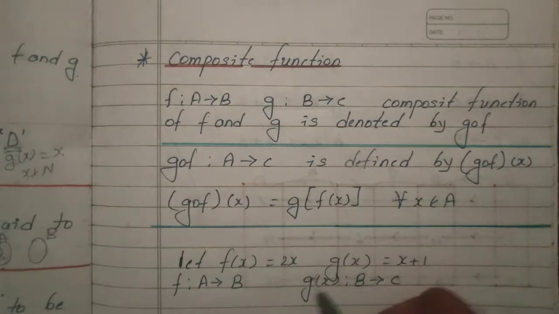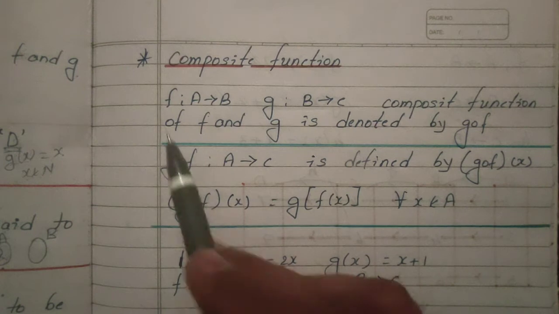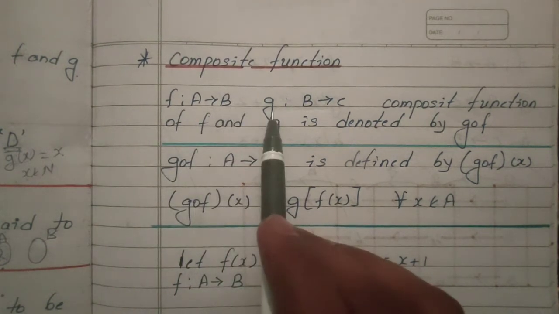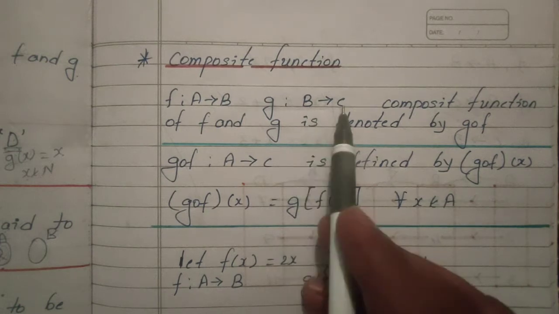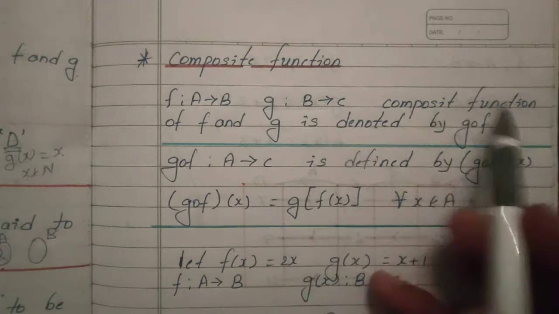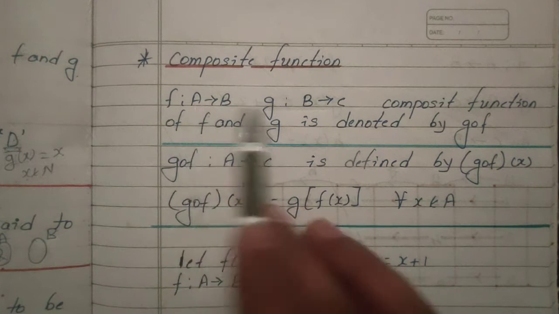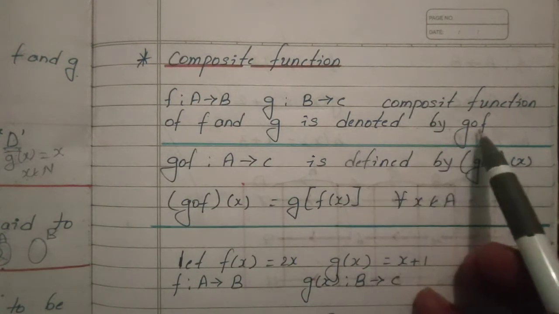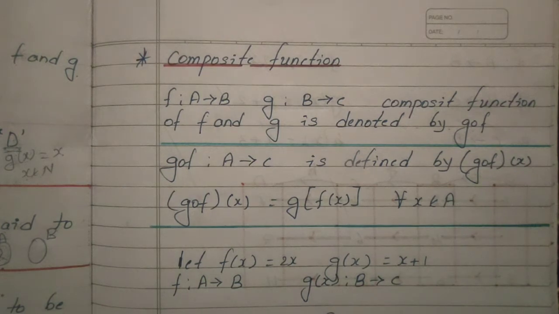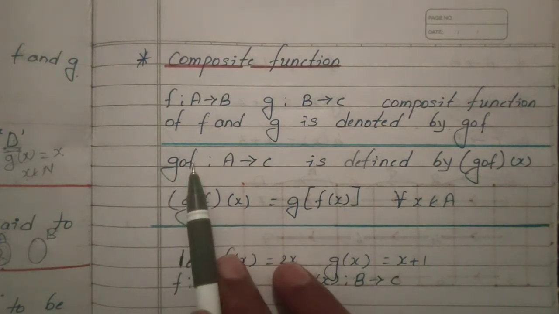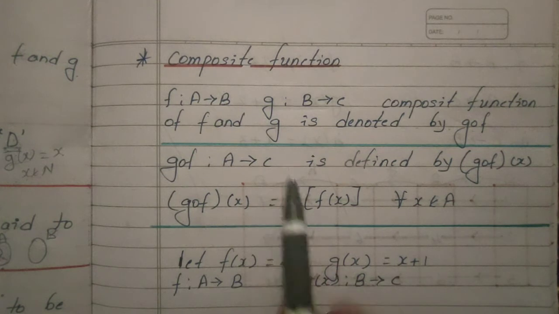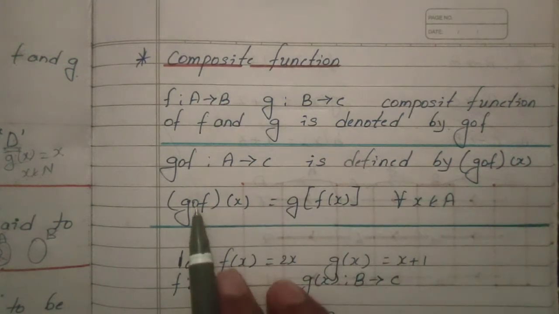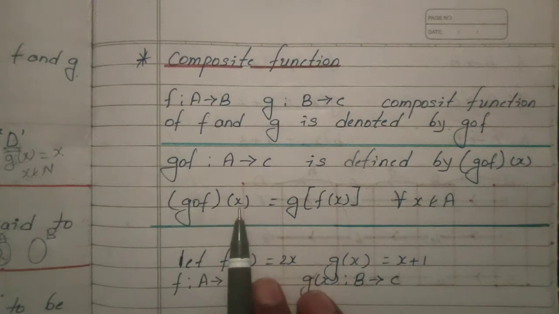Composite function. f is a function from A to B, g is a function from B to C. The composite function of f and g, two functions we are combining, is denoted by gof. gof is from A to C. How to find the value of gof of x?